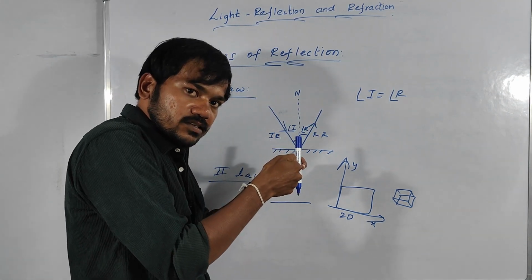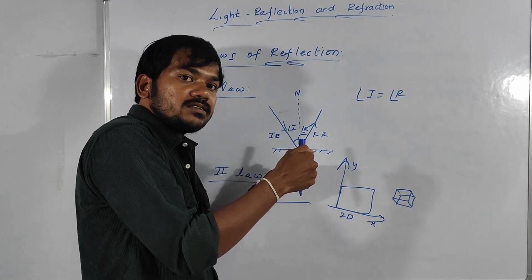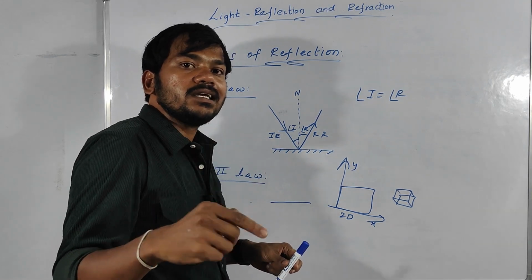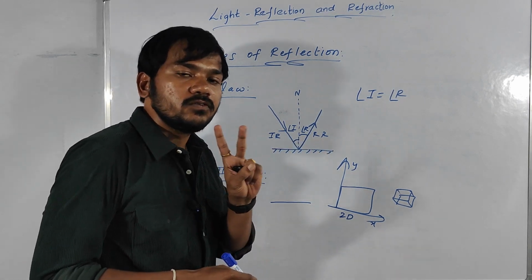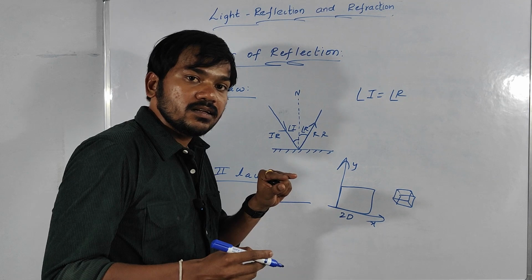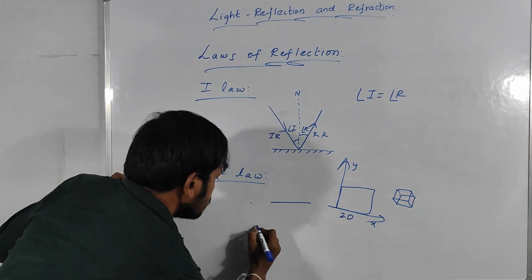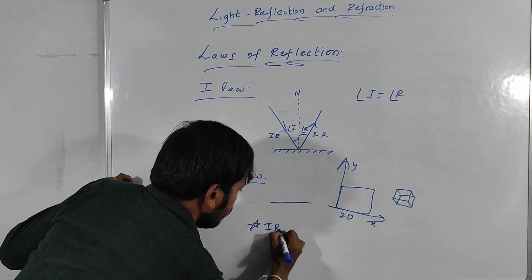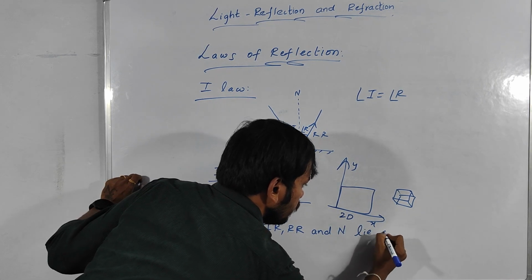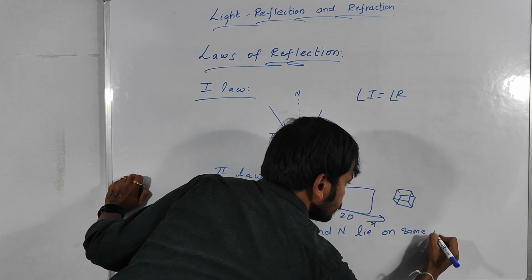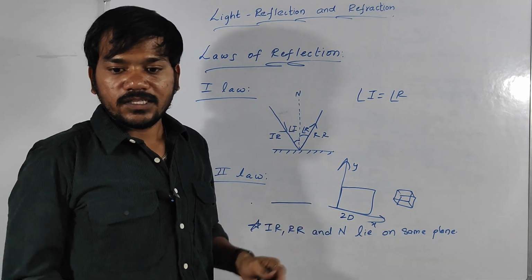When it is incident onto this, when it undergoes reflection, and with the normal at that point of incidence, for sure all of them will be in the same plane. That means they can all be studied with just two axes. So the second law says the incident ray, reflected ray and normal lie on the same plane. Clear with this now?